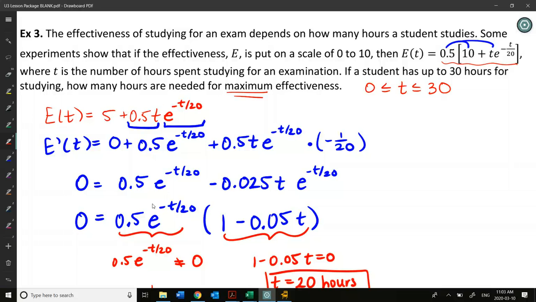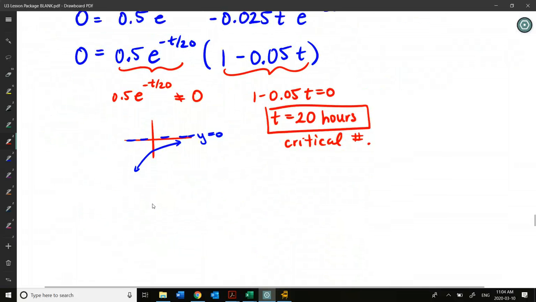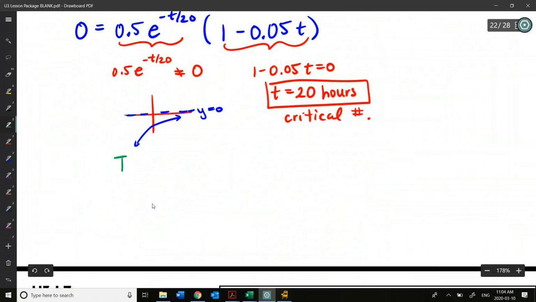We're finding absolute extrema here, so what is the absolute number of hours that will give us maximum effectiveness? So absolute maximum. We are going to test endpoints and critical numbers.